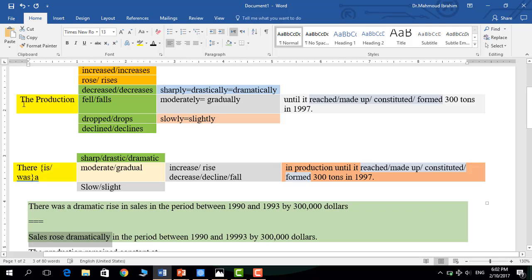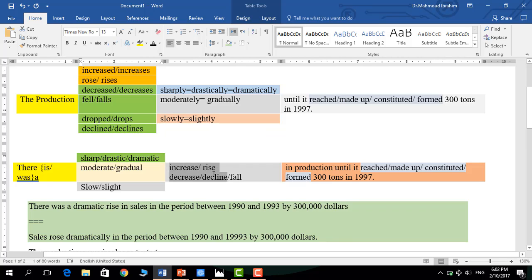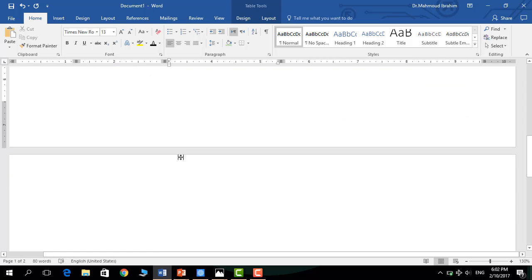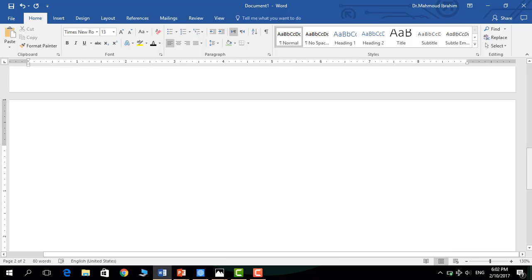So again, subject, verb, adverb, and here subject, verb, and adjective, noun. You can say there is a moderate decrease, which means the production decreased moderately. I will write this down so that you can see it. You can use this sentence. These sentences all have the same meaning.